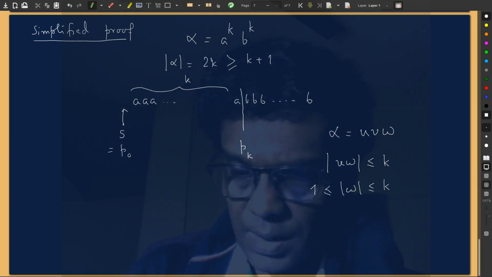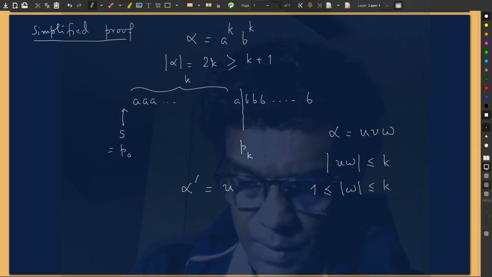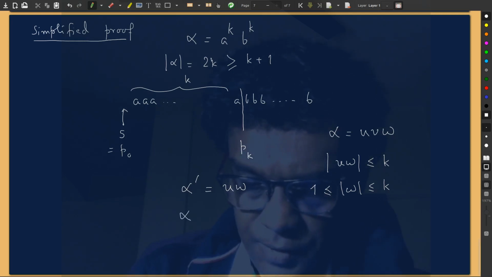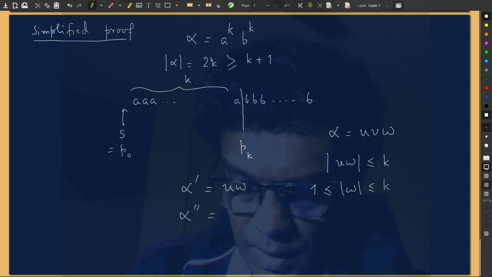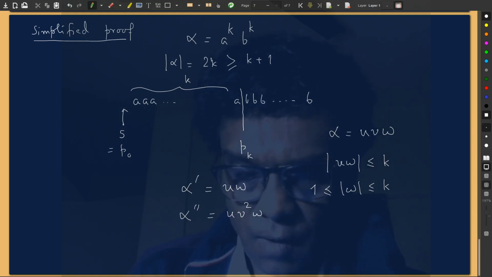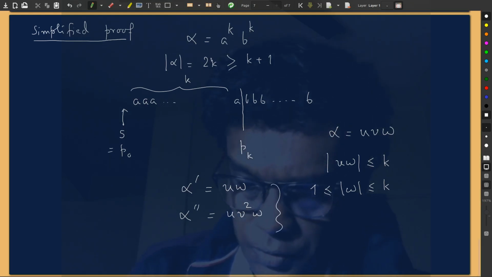Now if I consider alpha prime, UW, then you are taking out a few A's, and there is a count mismatch between the A's and the B's. And if I consider alpha double prime, UV square W, you are injecting some extra A's. So once again there is a count mismatch between A's and B's.